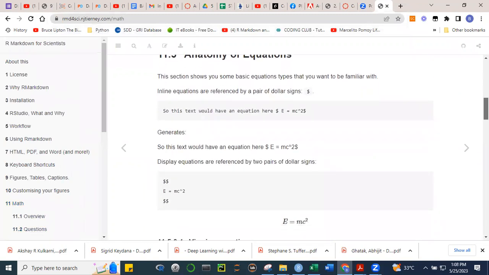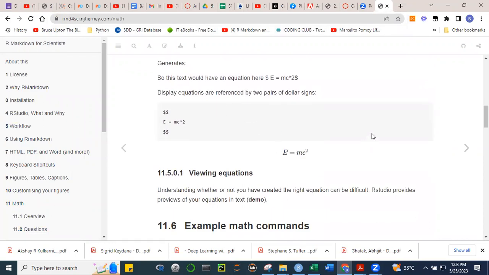Okay, so this class is what we call LaTeX. It's a way to write text or numerical or algebraic expressions in R. So for example, if we only use the text editor of R Studio, it's difficult.